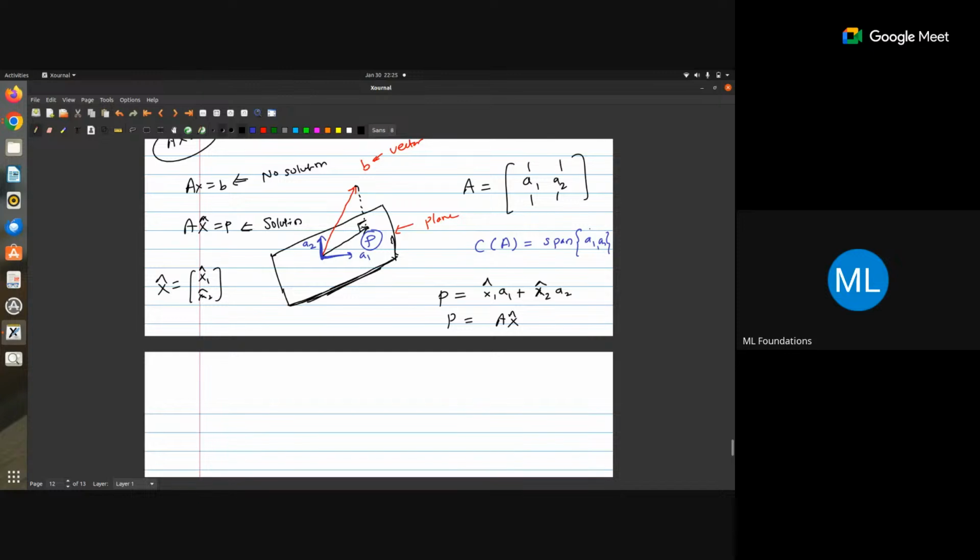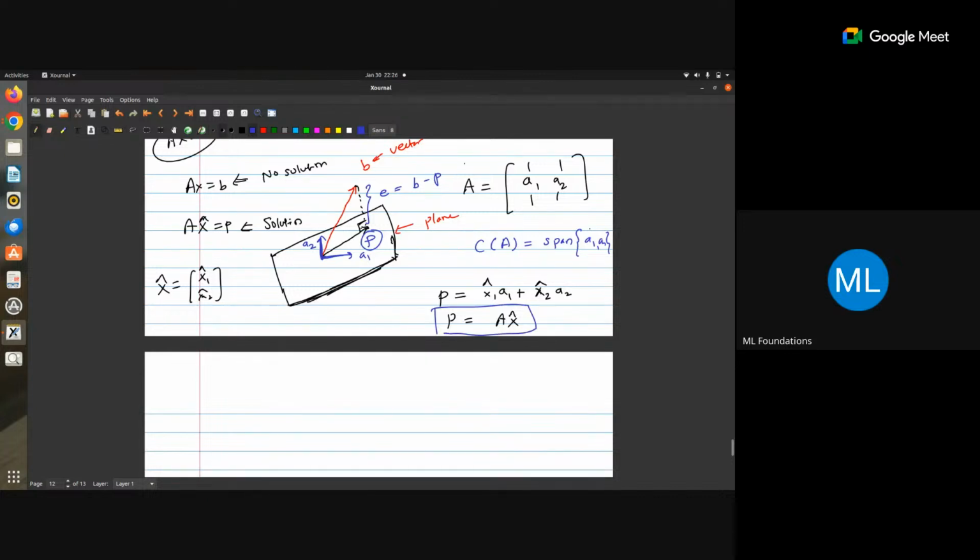The same thing. Now, what is E? E equals B minus Ax hat. In a way it is B minus P, because P is a vector here, B is a vector here, and P is nothing but Ax hat.